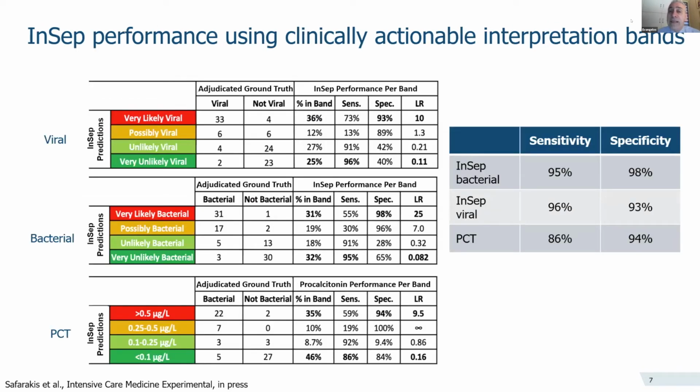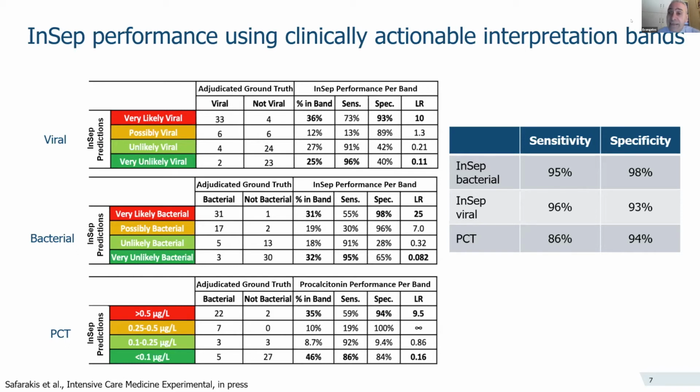So let's go through these tables one by one. Viral infection means there is a suggestion coming from several genes of the assay that this is a viral infection. And as you see in most of the cases, this corroborates with what the clinicians have said in red: yes, there is a high likelihood for a viral infection.